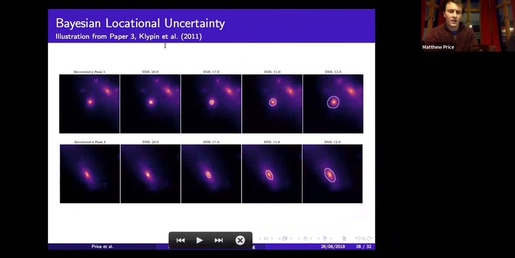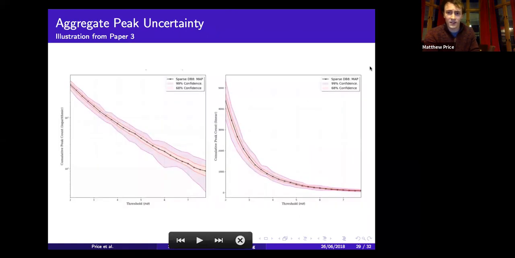Then you have the recovered solution for each of the noise levels. You can see that you lose substructure as you go to more and more noisy situations. But also overlaid are the 99% confidence isocontours of the peak locations. As you go to noisier data, the locational isocontours get larger, which is what you would expect.